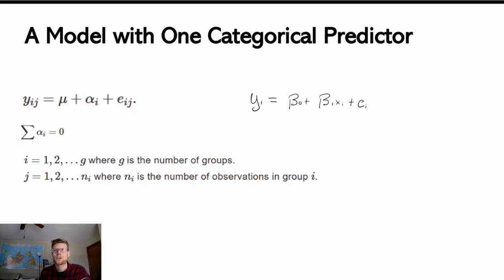Sorry, that's confusing. I may or may not have the same number of observations per group. Maybe I do, maybe I don't. But j is going to represent which number observation a particular observation is within a particular group. So, for example, y sub 2,7 would be the 7th observation in group 2.